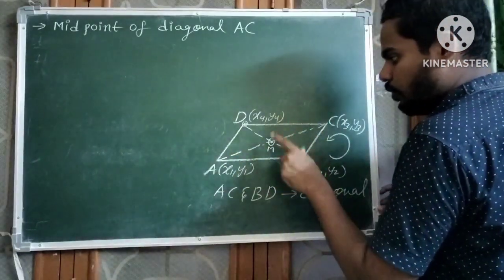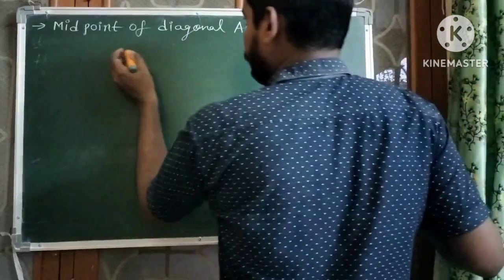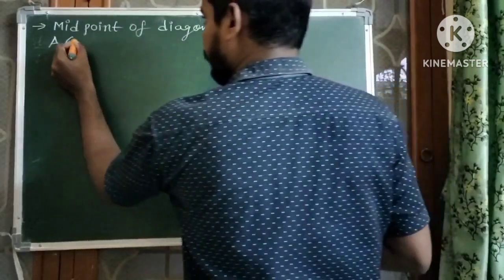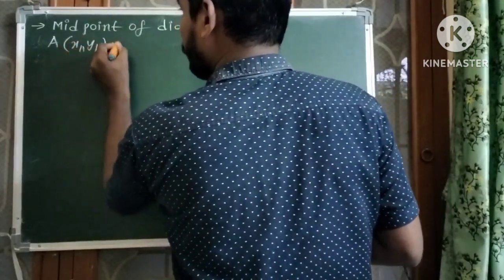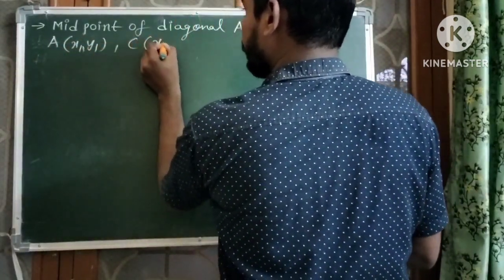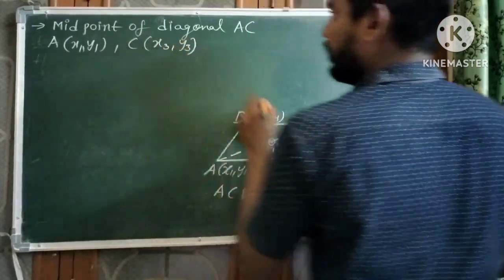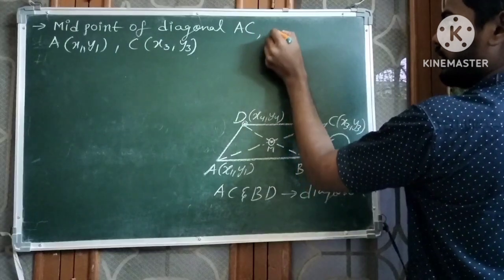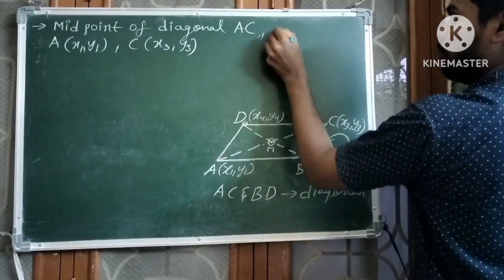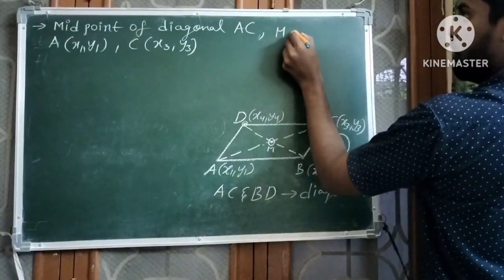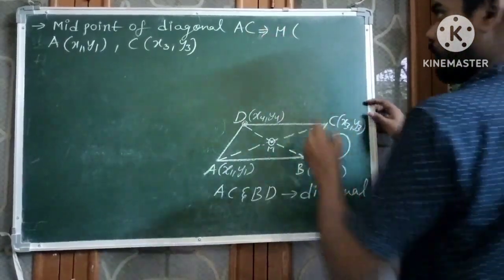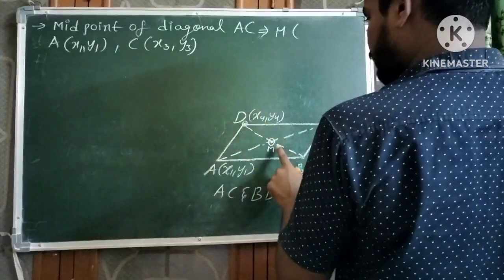So how do you get coordinates of this midpoint? First of all, what are the coordinates of vertex A? x1 comma y1. Coordinates of vertex C? x3 comma y3. Midpoint of diagonal AC is M. How do we get coordinates of this midpoint?